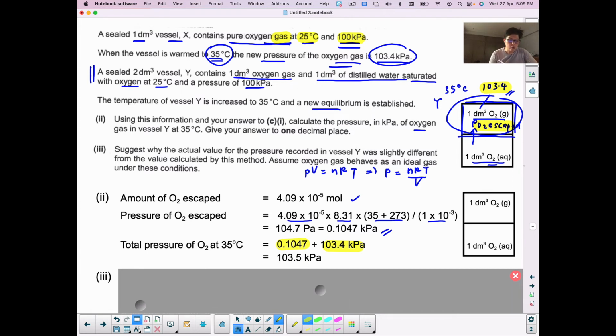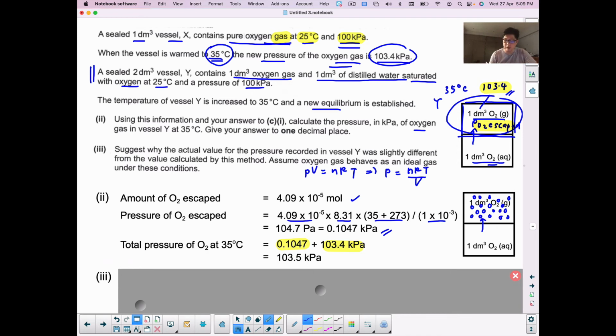The next part asks why the actual value for the pressure recorded in vessel Y was slightly different. Why is it slightly different? Because imagine you have oxygen gas up here and it's saturated. There's oxygen gas up here, and this is pure oxygen. So it will actually prevent the oxygen from the aqueous solution from escaping.